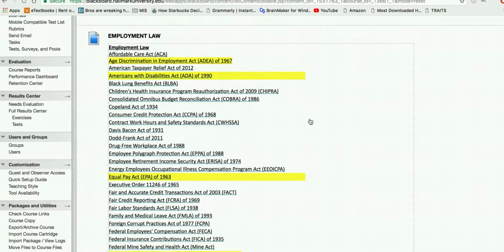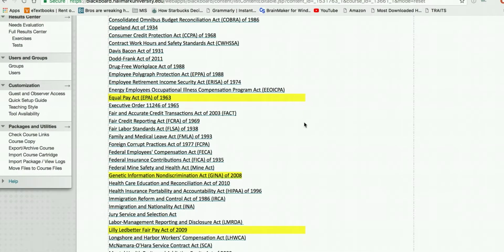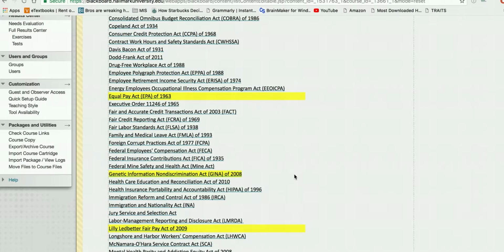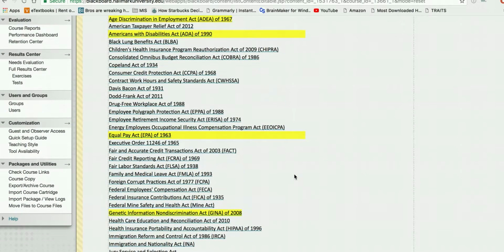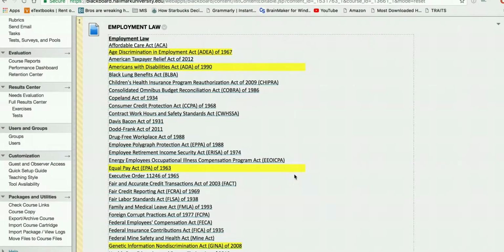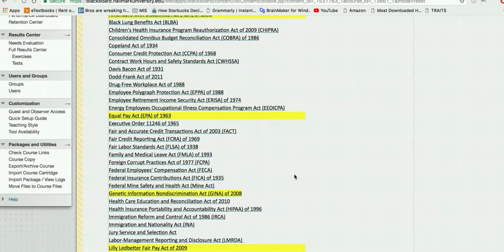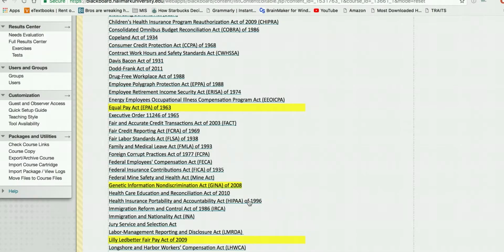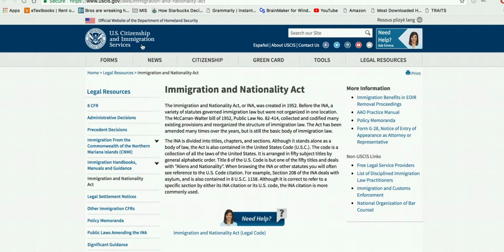No, what I want you to do is, if you are looking at a particular law for anything, that you go to the agency that oversees that law, and you get the agency's point of view on that law itself, like the Immigration and Nationality Act takes you to the Immigration Service, and it talks about that particular law.